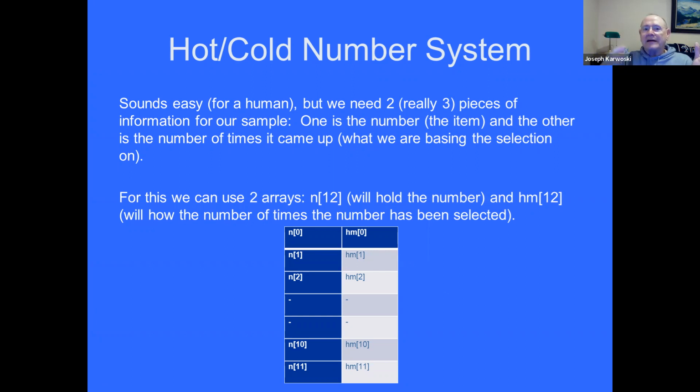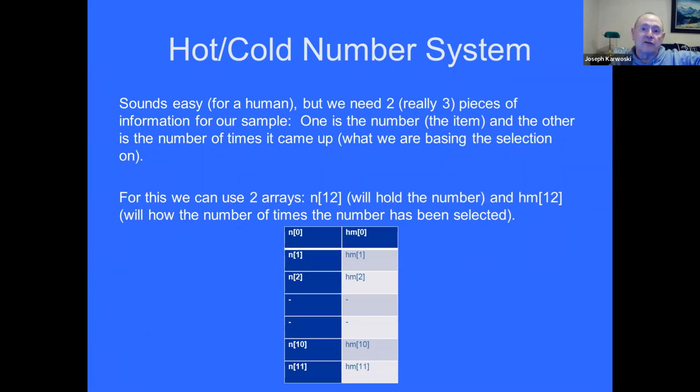I didn't want to have to go back in and rewrite my program. So I just used another one. So instead of a double subscripted array, this is a linked array. So N sub 1 is going to correspond with the information in HM sub 1. So for example, N sub 1 could be the number 5.